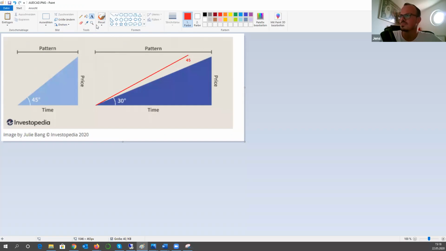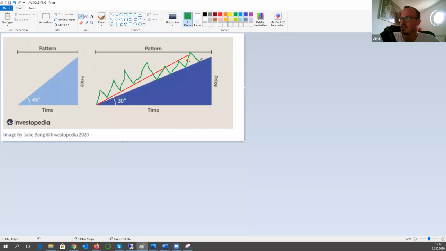And now let's use probably a green line. Let's assume we have an uptrend developing here, and now the trend breaks at least this red pattern. But, and this is the interesting thing, the trend stays intact above this line. So it's not necessarily said that the trend is broken once you break below this red line, but you keep on trading at a lower angle, let's say, and with less dynamic.